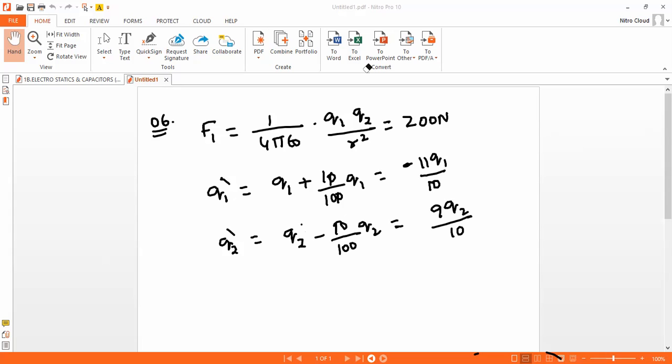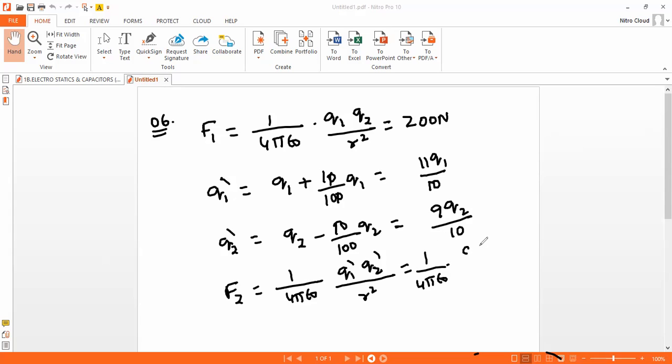Now the force F2 is equal to 1 by 4 pi epsilon naught q1 dash times q2 dash by the same r square, that is 99 by 100 times q1 q2 by r square.